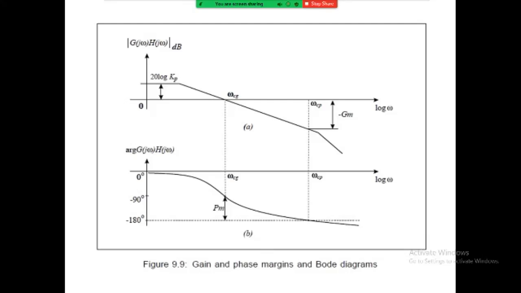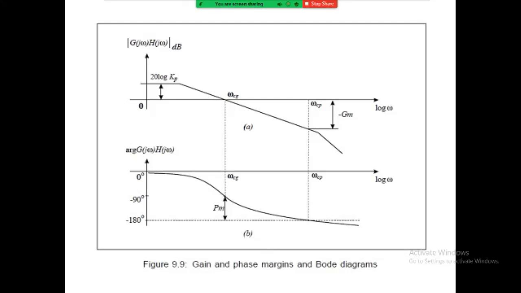Now, what is a pure differentiator? The transfer function of a pure differentiator is given by G of j omega equal to j omega. So its magnitude and phase are easily obtained as G of j omega in decibel equal to 20 log of omega to the base 10, and argument of G of j omega is equal to 90 degrees.